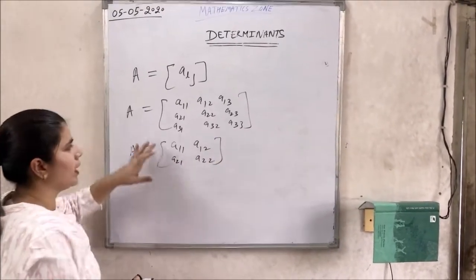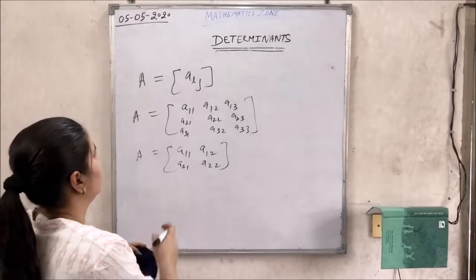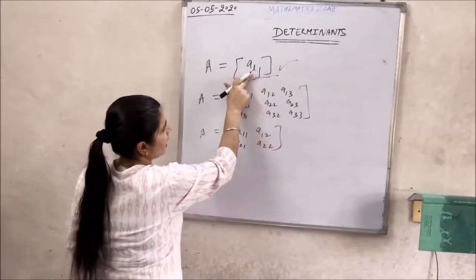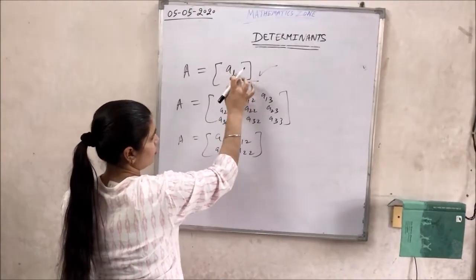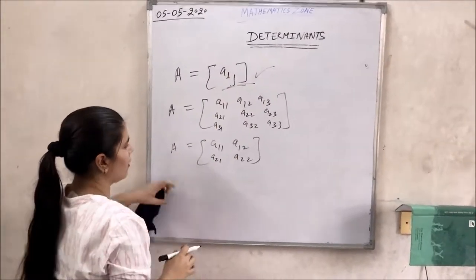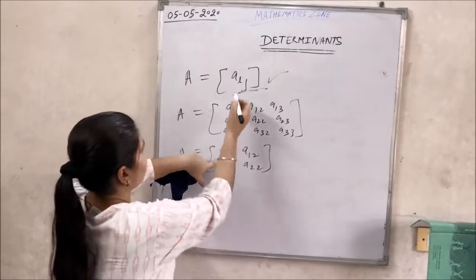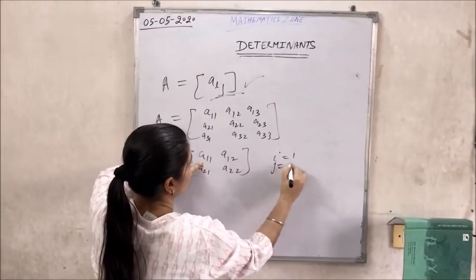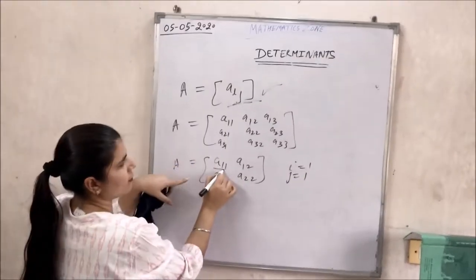Now how am I able to write it? This is a simple method. i and j, where i is the number of rows and j is the number of columns. If I am going to write the first row, then I just put i equal to 1 and j equal to 1. So a is equal to a11.